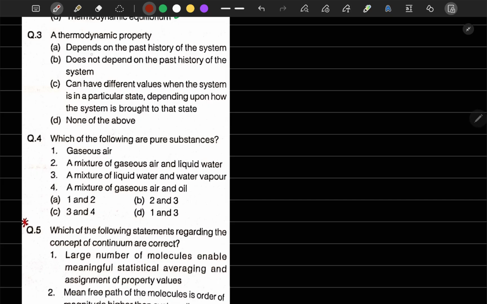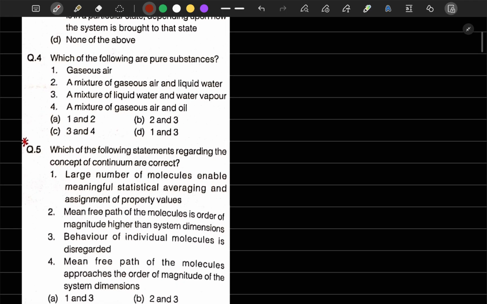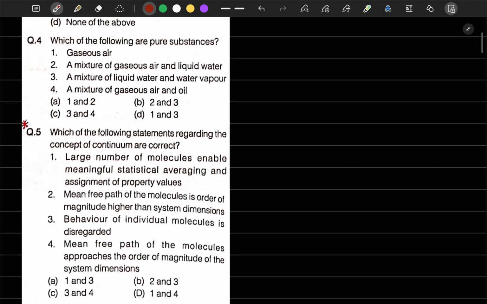So the thermodynamic property does not depend on the path history of the system. It only depends on the initial and final state. Like if we have to calculate the change in entropy, we just subtract the entropy values at both the points.